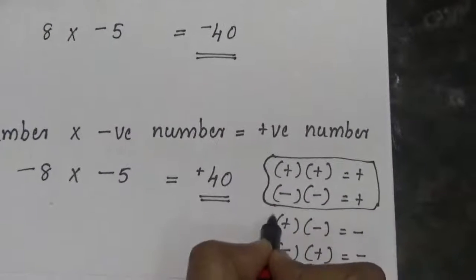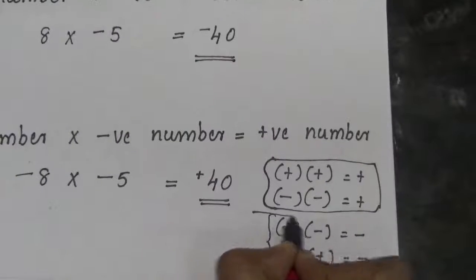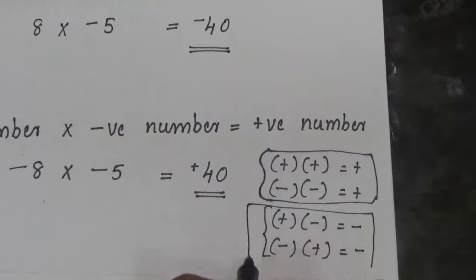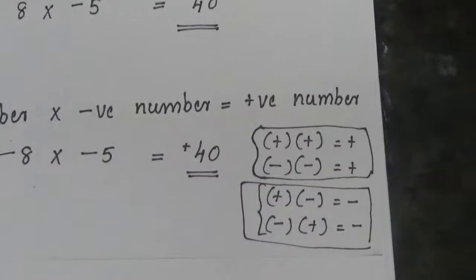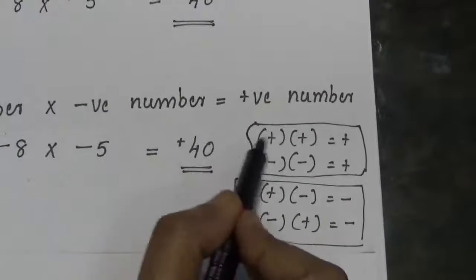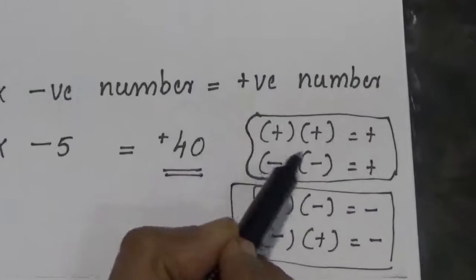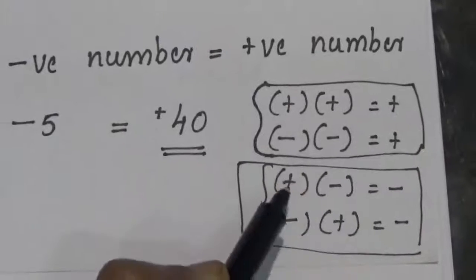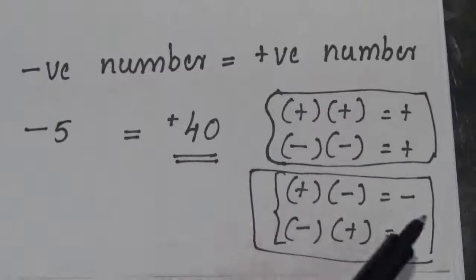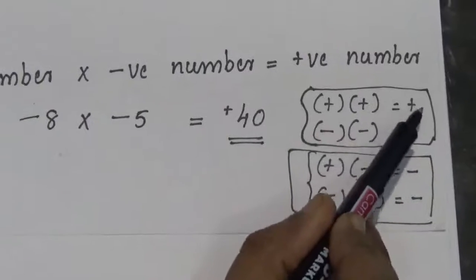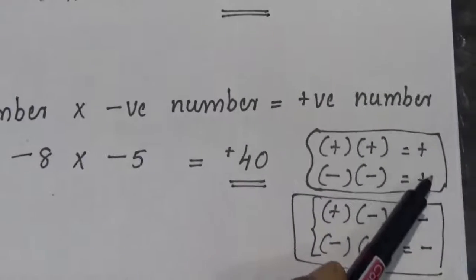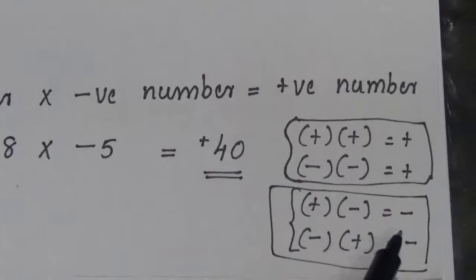If the numbers are of different signs, then the product will be negative. In that way also you can remember this. If the signs are the same, the product will be positive. If the signs are different, the product is negative.